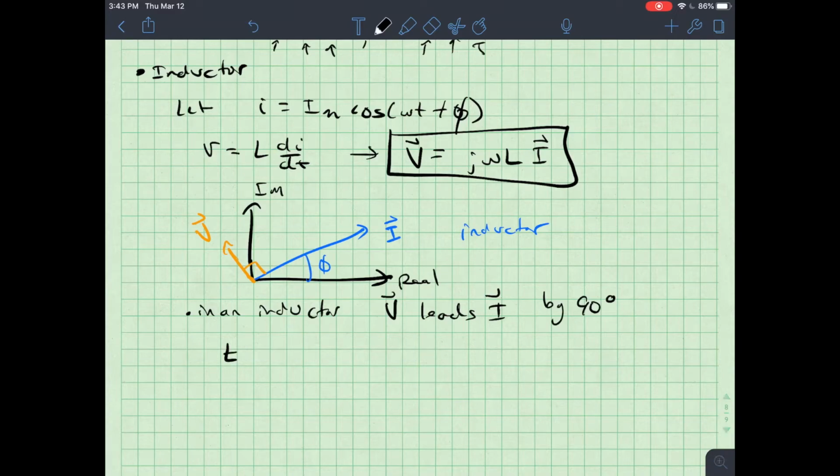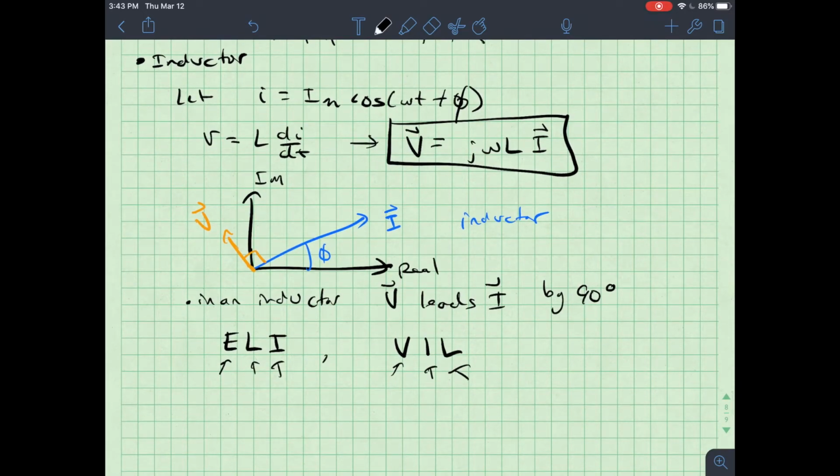ELI is my happy little mnemonic device for the first thing here: E is EMF or voltage, L is my inductor, I is current. And similarly, I've got VIL, voltage leads current in an inductor.